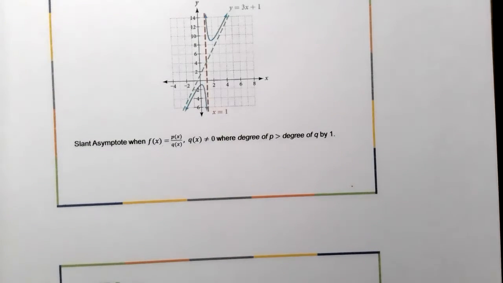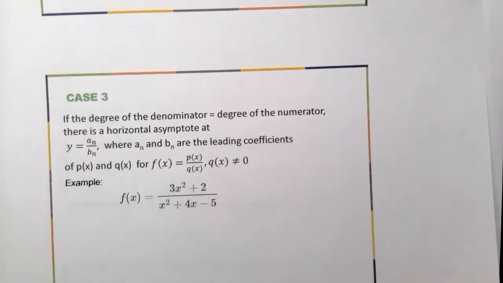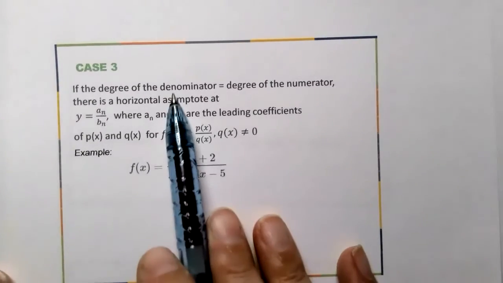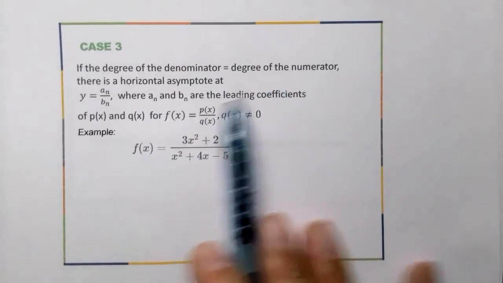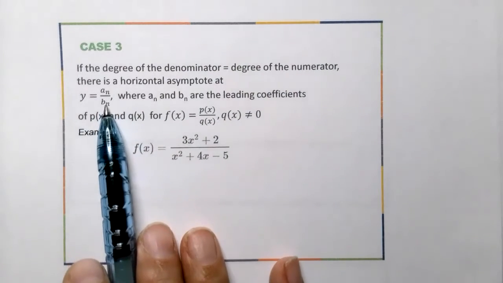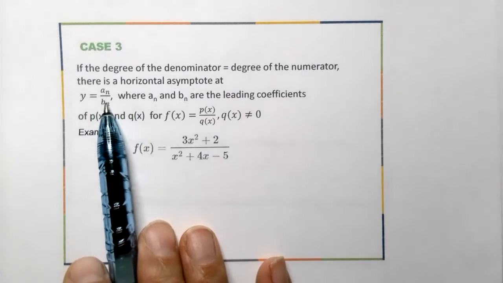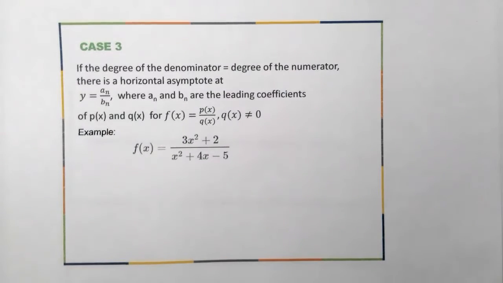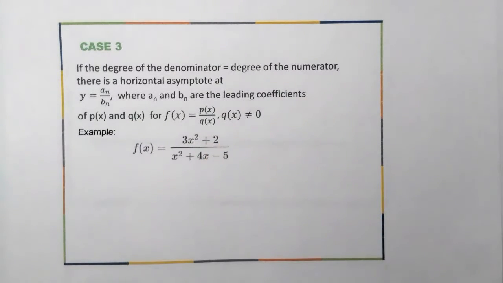All right, and case number 3. Case number 3 is when the degree of the denominator equals the degree of the numerator. In this case, again, it's the battle of the leading terms in the numerator and the denominator. So basically, again, we're going to ignore the rest of the terms.